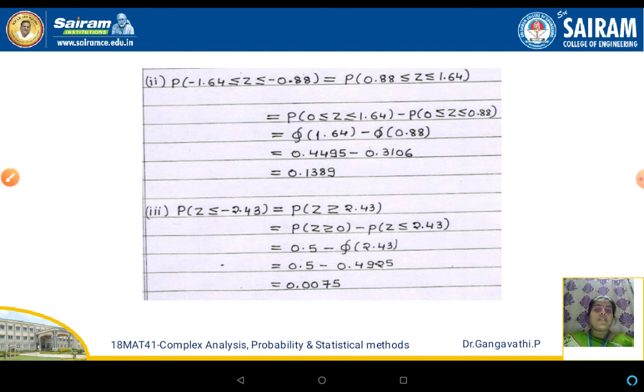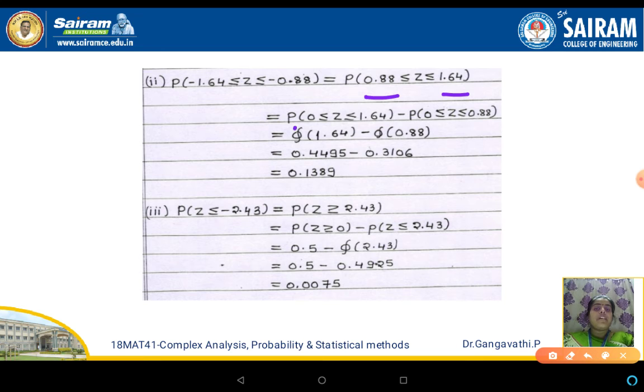So you understood, dear students. Here the upper limit is 1.64 and the lower limit is 0.88. Whenever we perform integration, it is always upper limit minus lower limit, so the probability function also works in the same way.